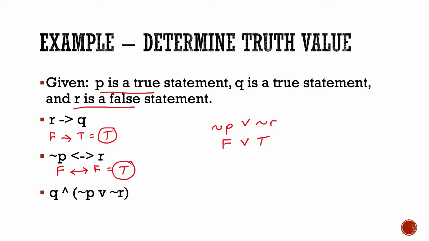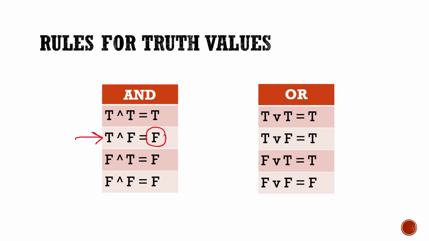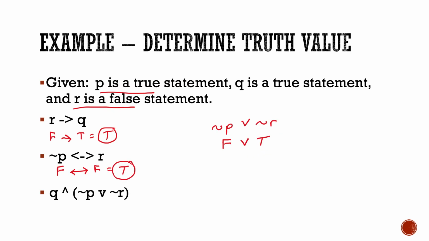Okay, so I need to go to my chart for the OR, and I need false or true. False or true is true. All right, so what I know now is that this parenthesis part is equal to true.